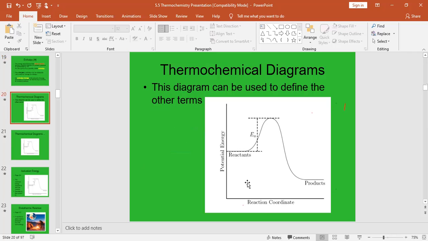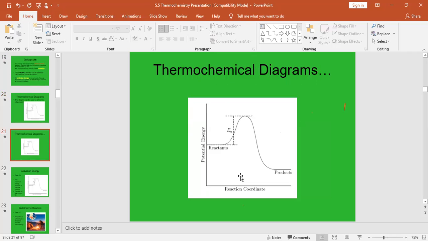You see in this diagram, the reactants are at a higher energy than the products, meaning that in this kind of reaction, if products are to be formed, then the temperature must be reduced. So in this reaction, the energy of the reactants must be higher than the energy of the products. So that is a thermochemical diagram.